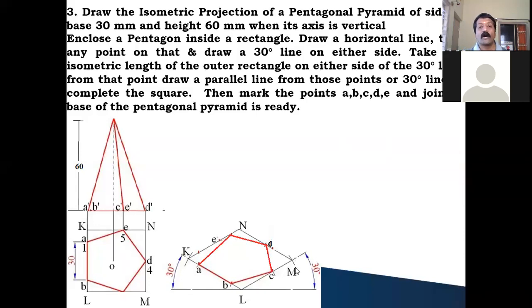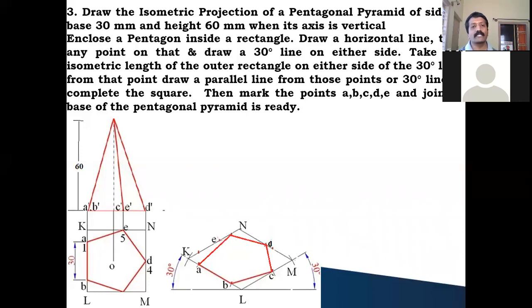Similarly, from point M, draw a parallel line like this to LK, or else draw a 30-degree line on the left side. Wherever these two lines intersect, you call that point N. So the outer rectangle you have drawn in the isometric projection.